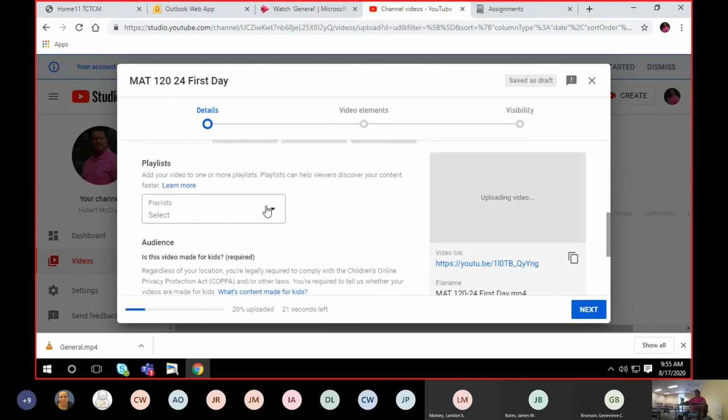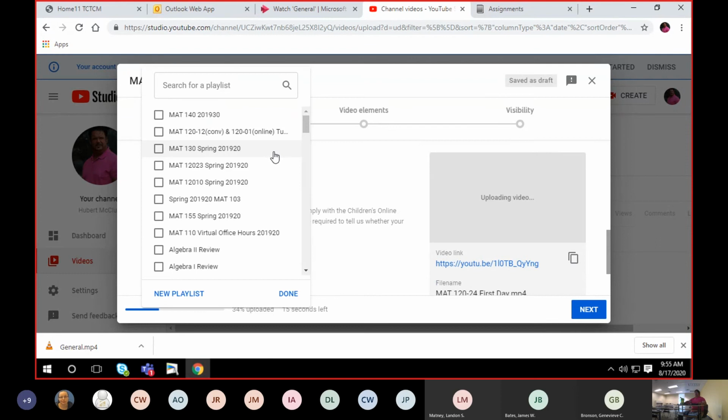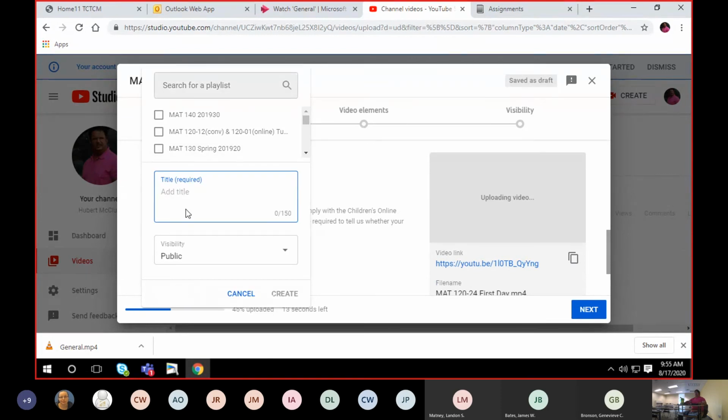And then I'm going to go down here and make a new folder. I'm going to call it Math 120-24 and Math 120-29. I've got two 120s, so I'm just going to put them in the same one. That way the students in both classes can see each other's class, so they have the information. 2020-10. That's this semester.